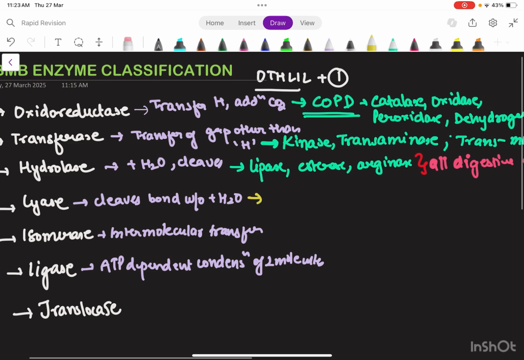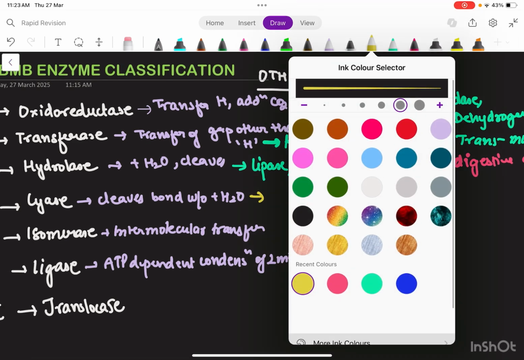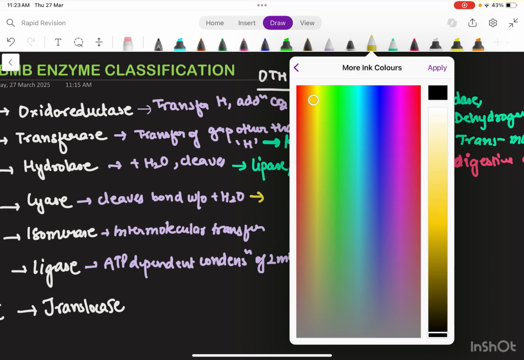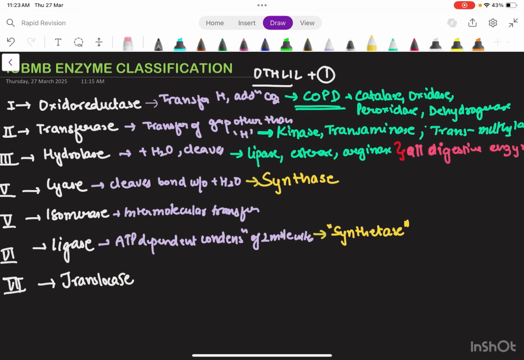Now lyase. Now in lyase and ligase, you need to know one specific thing. In lyase you have synthase. Okay, here you have synthase, and in ligase you have synthetase. Okay, this is something which often confuses us. So the other examples are aldolase, fumarase, and so on.